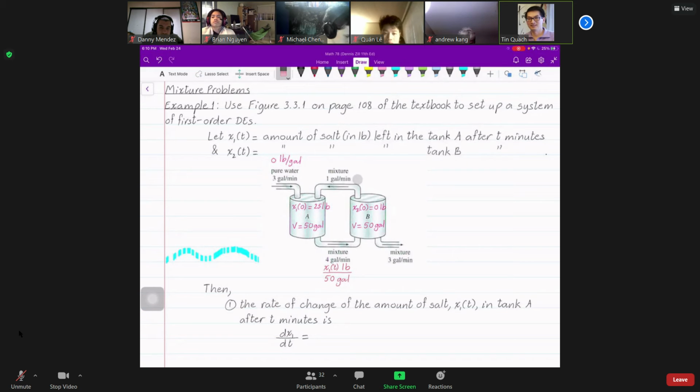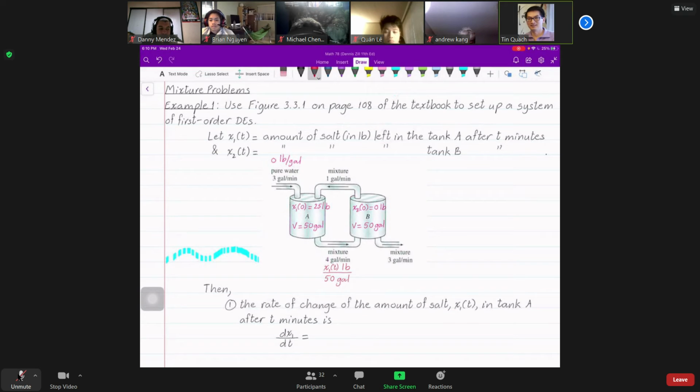But what is the concentration of salt that is leaving the tank at that particular time? Well, again, to find the concentration, you take the amount of salt in the tank at time t divided by the volume of liquid in the tank at time t. What is the volume of liquid in the tank at time t? X of 2 of t pounds over 50 gallons.